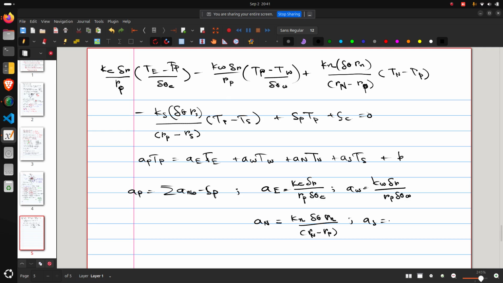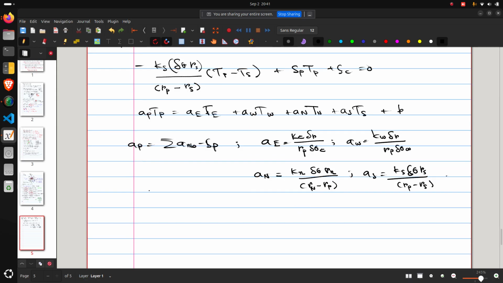And A south will be K small s del theta R small s by Rp minus R capital S, right? And what will be B? B will be nothing but Sc.